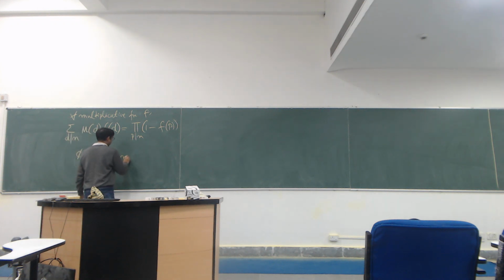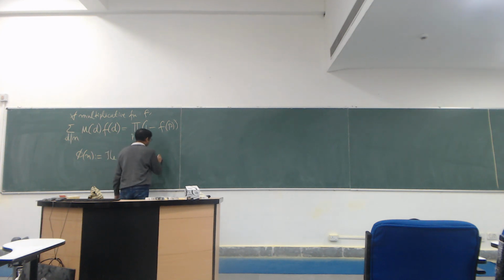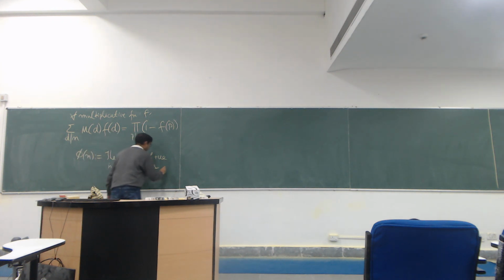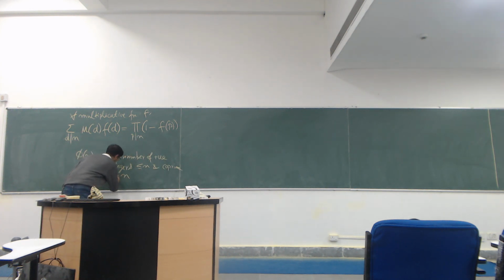The number of positive integers which are less than or equal to n and coprime to n. Right?